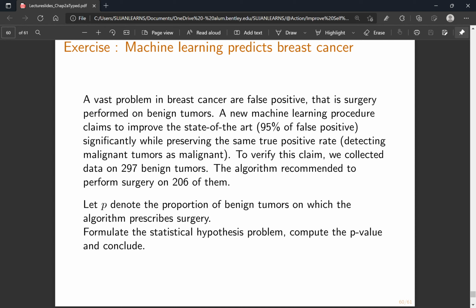In the case of breast cancer examination, we are saying that there are lots of false positives. That means the test is signaling that something is a cancerous tumor, even though it is not. It is like a false alarm.